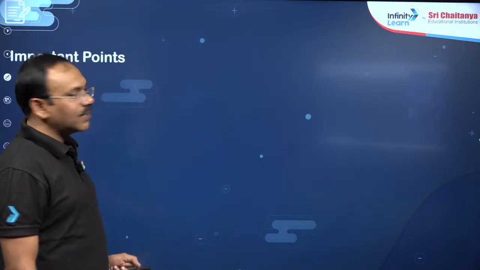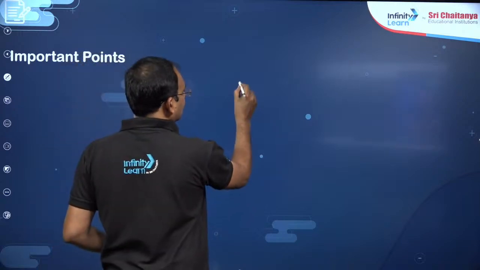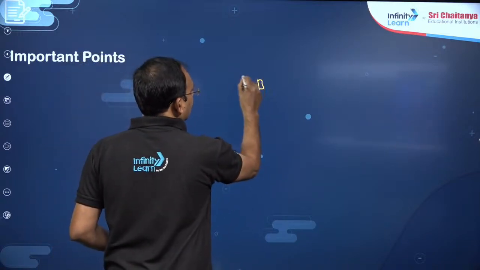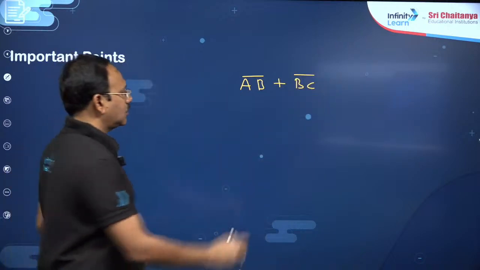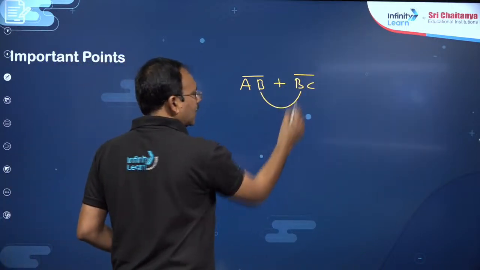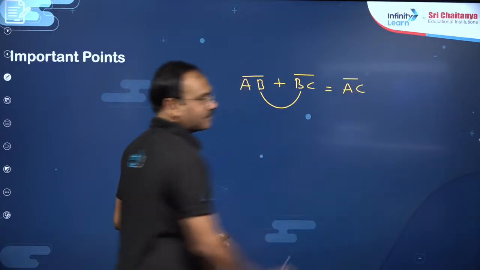First let me recall the important points related to vectors. Vector addition: two things. One is the triangular law of vector addition, AB bar plus BC bar. You want to add 2 vectors where the terminal point of the first and the initial point of the second coincide; the result is AC bar.